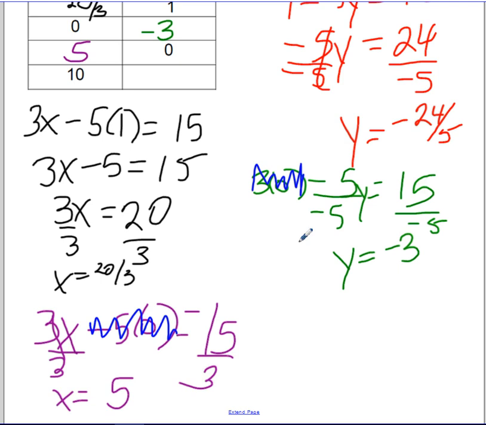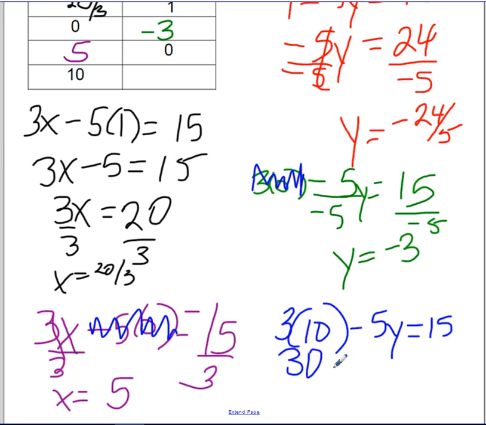And the last one we need to do is plugging in 10 for x. So we'll have 3 times 10 minus 5y equals 15. 3 times 10 is 30. So 30 minus 5y equals 15.